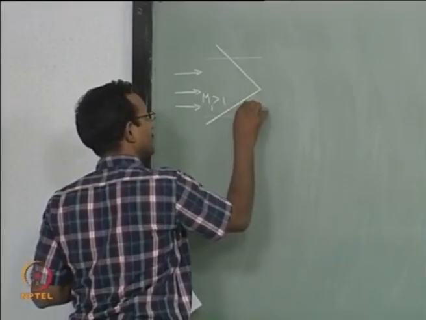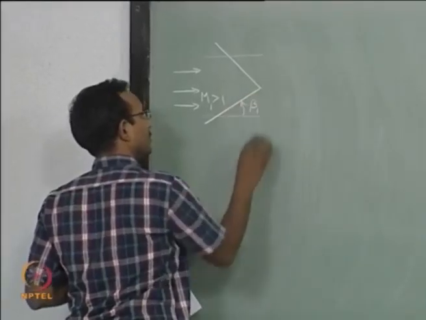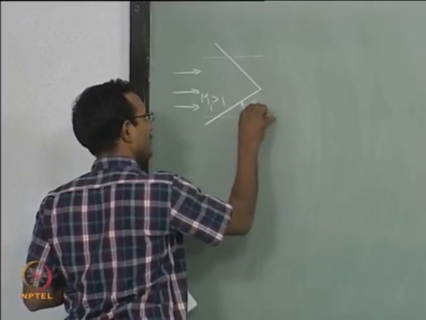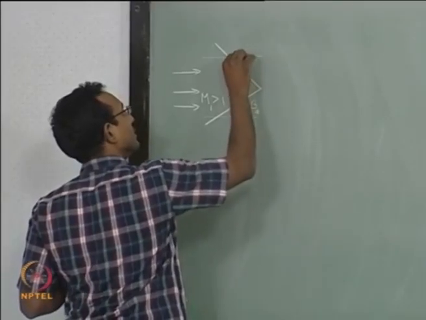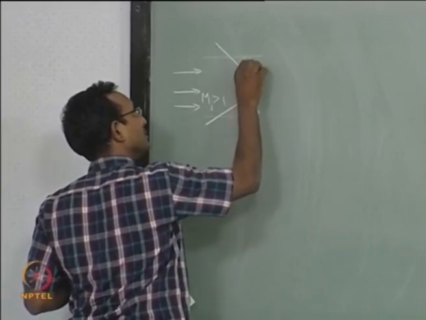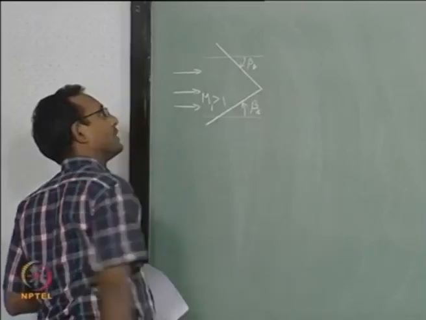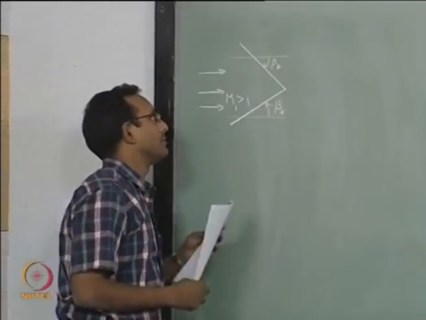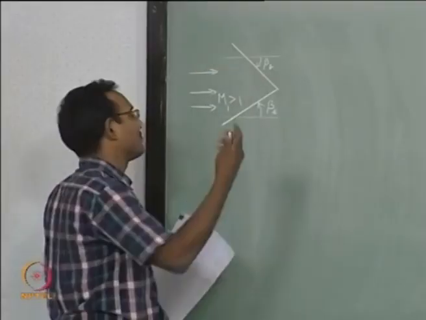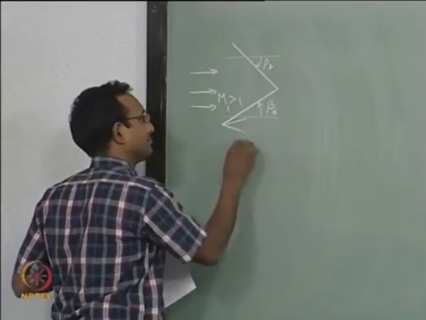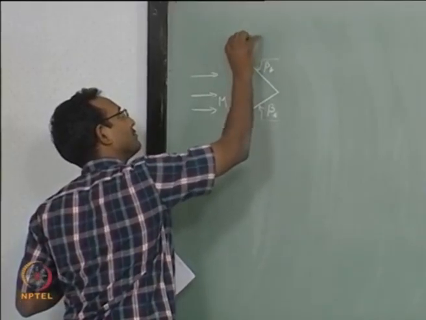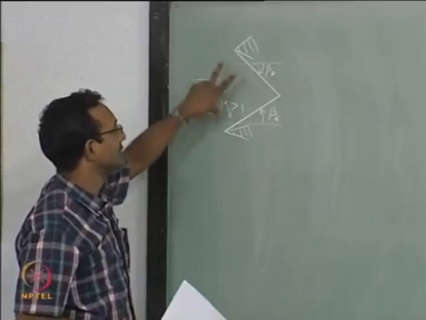Beta 1 will be confusing, so let us say I will use beta A and this is beta B. Let us say I have two oblique shocks coming from some model here, say there is a wedge here and there is another wedge with higher angle here.